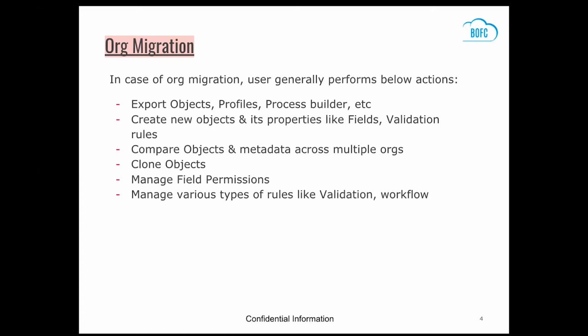There is not a simple way to migrate objects to a different org, so BFC has a feature which can easily help you clone any number of fields into any number of other orgs. In case of org migration, we also have to take backups of the org metadata, like exports of objects, profiles, flows, process builders, and layouts, for documentation purposes.